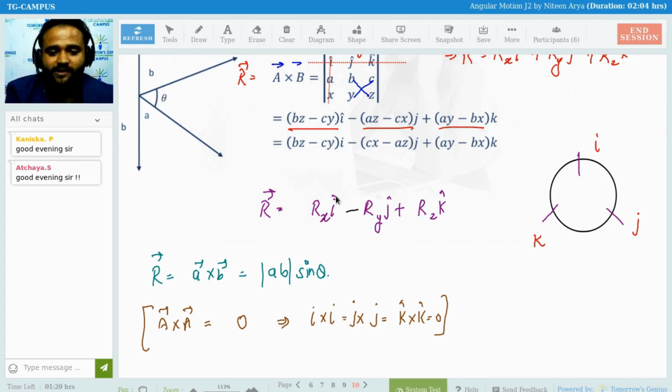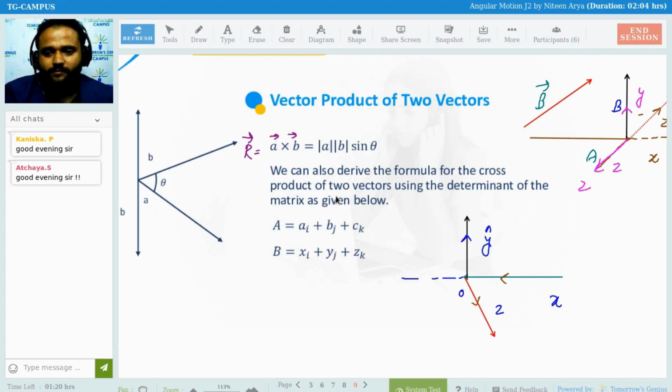So J cross K gives me I, but it only gives me positive I, and the sign is going to be positive if I'm going clockwise. As you can see, J cross K is I. And how can you see that? From the previous. Clear?